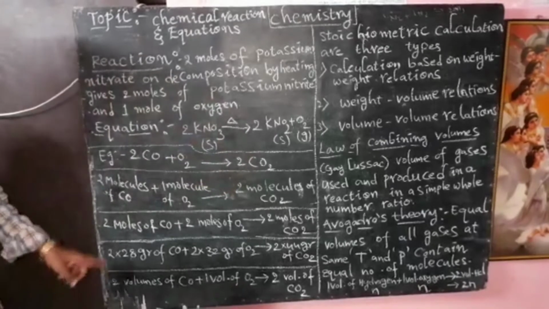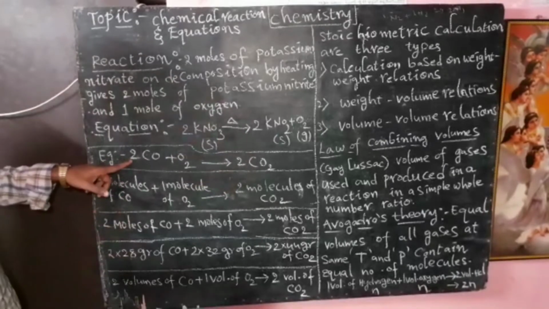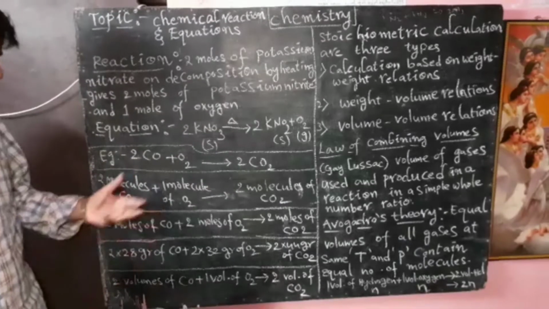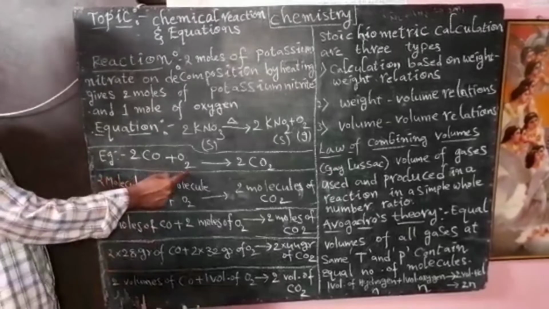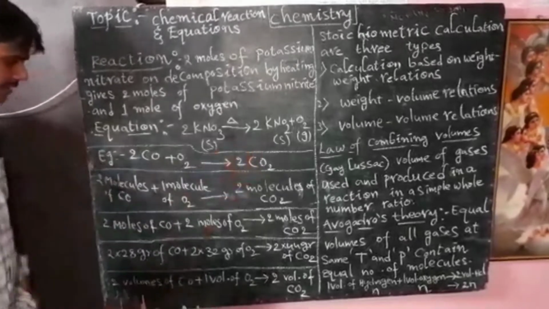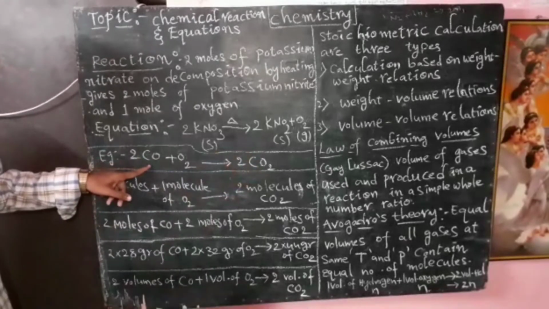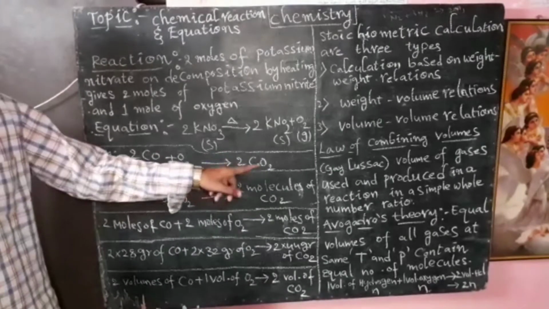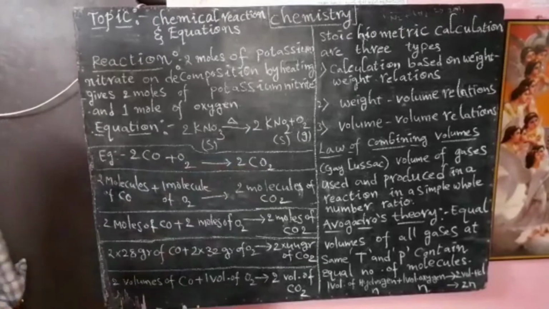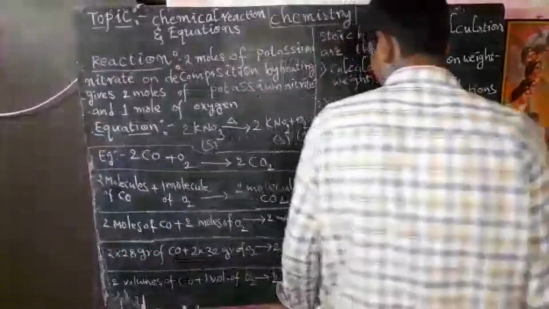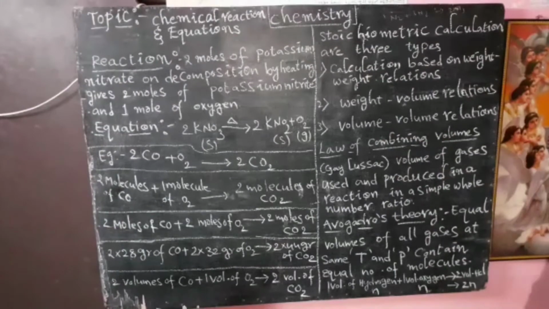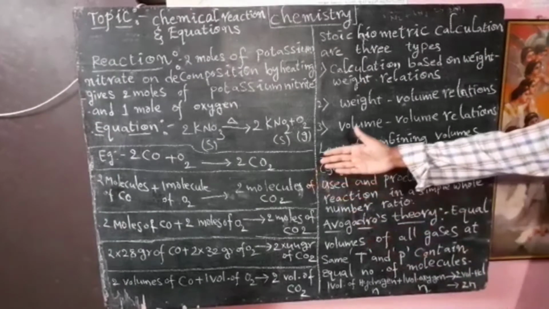Okay, so as well we can say 2 volumes of carbon monoxide. Why am I saying it with volumes? Because carbon monoxide is a gas, oxygen is a gas, carbon dioxide is a gas. So here 2 volumes of carbon monoxide react with 1 volume of oxygen to produce 2 volumes of carbon dioxide. So from this what we can understand is that a chemical equation gives the following information.